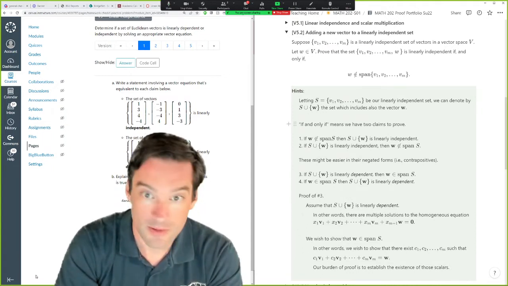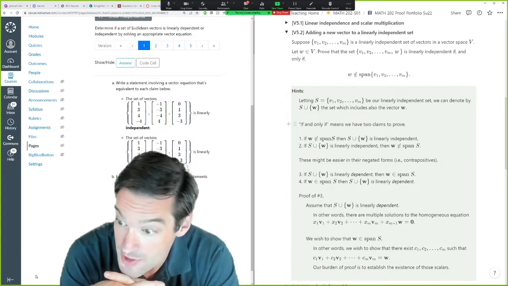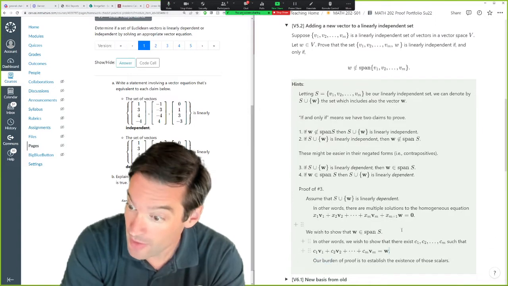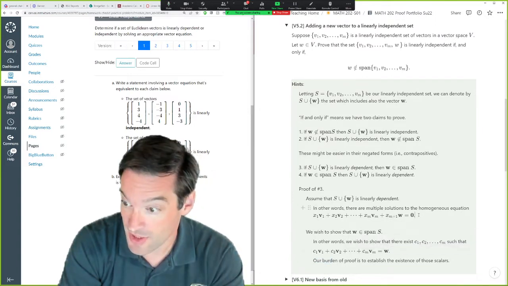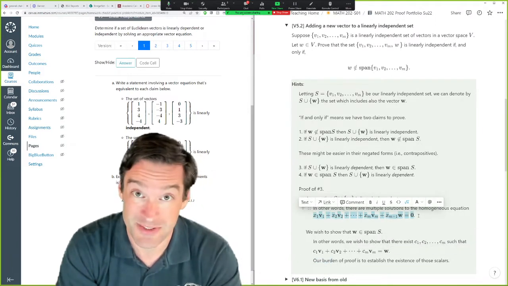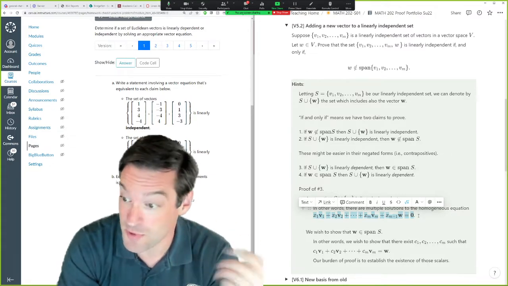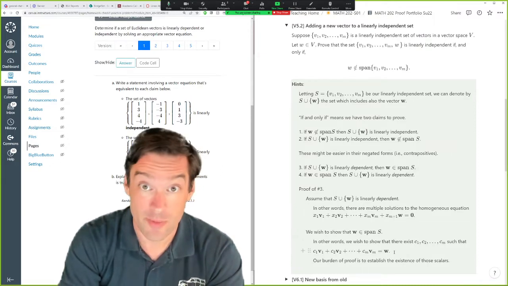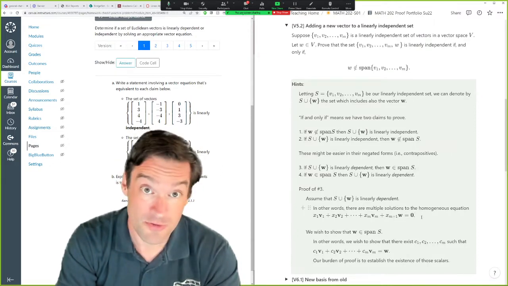Yeah, in one of these equations, W is the subject of the equation. That's in the second version of it here. In the other one, W is just another one of the crowd, right? Just another one of the vectors that's a part of this set, which we're saying is linearly dependent. And so the spotlight is kind of on W in the second version, but it's not really in the first version.